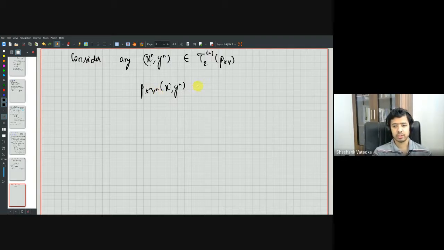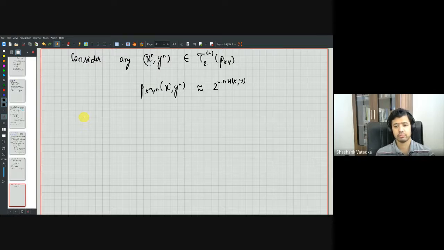The claim is that this is approximately equal to 2 raised to minus n times H of X comma Y. So all sequences in the typical set have roughly the same probability, and the probability is very close to 2 to the minus n times H of X comma Y. And this is approximate because there are some more terms over here which depend on epsilon. So let's see how we can show this.